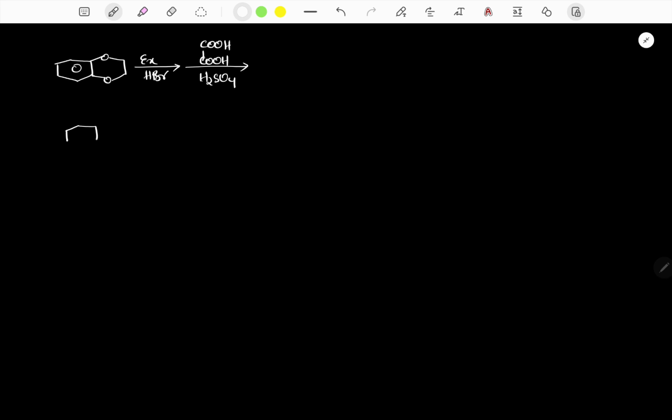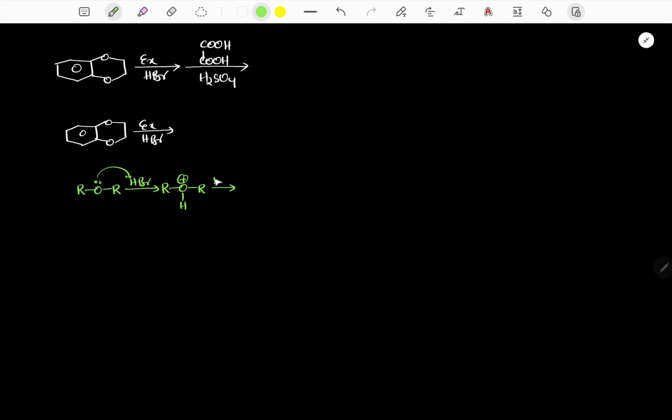The reactant has an ether functional group. It is treated with excess of HBr. We know the basic reaction. When ether is treated with HBr, the lone pair attracts the proton and the corresponding oxonium ion forms.